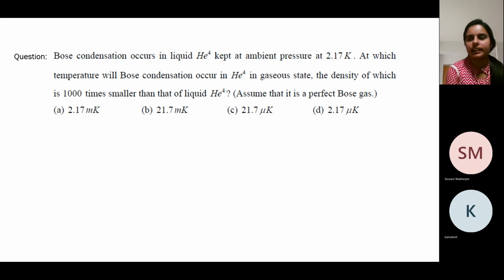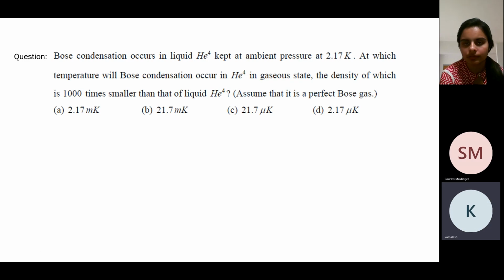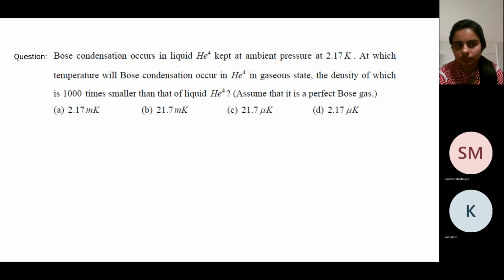Now it's said that the density is 1,000 times smaller. Yes, ma'am.